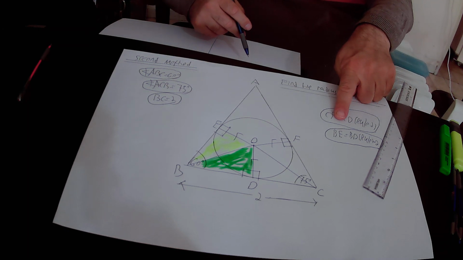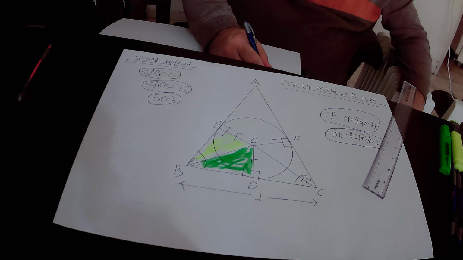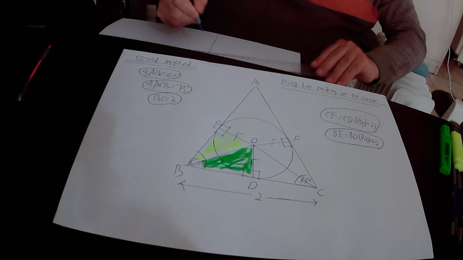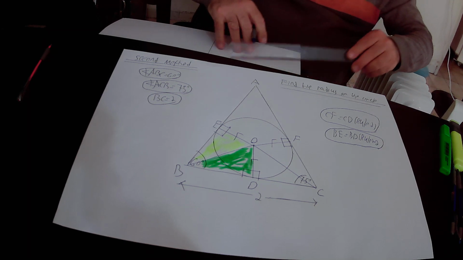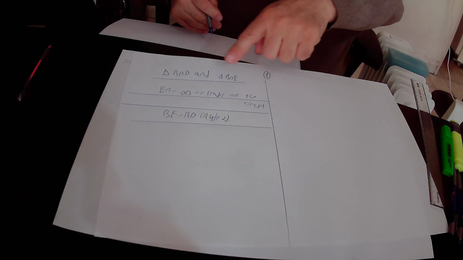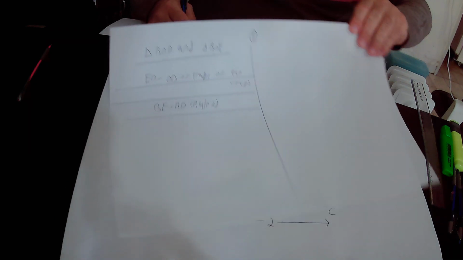Here, BE equals BD according to rule number 2. So I write it down.